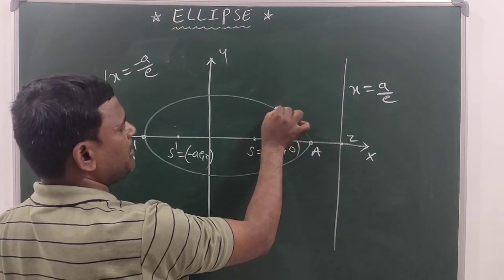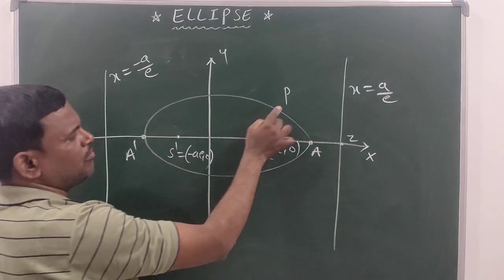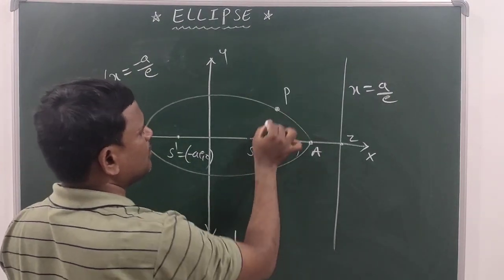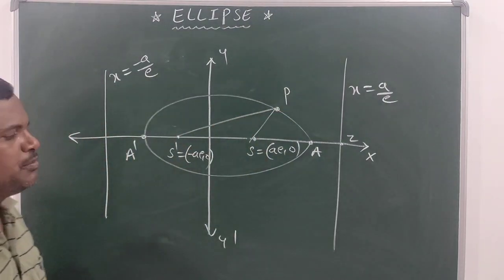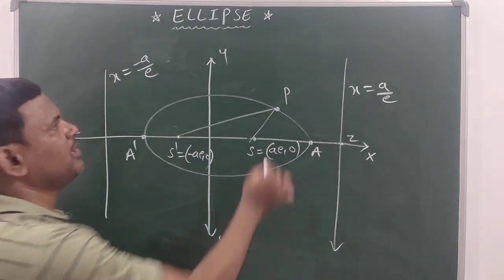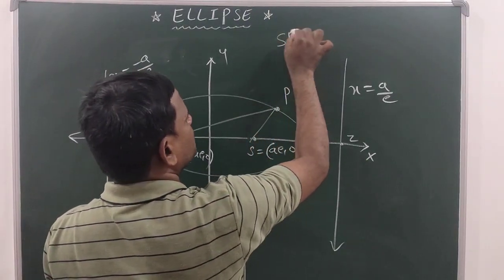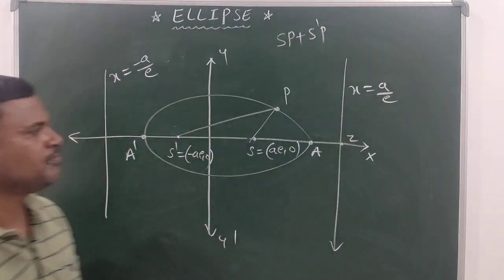Now take P here. Now SP and S dash P, add both of them. What do you get? Tell me. SP plus S dash P length is how much?